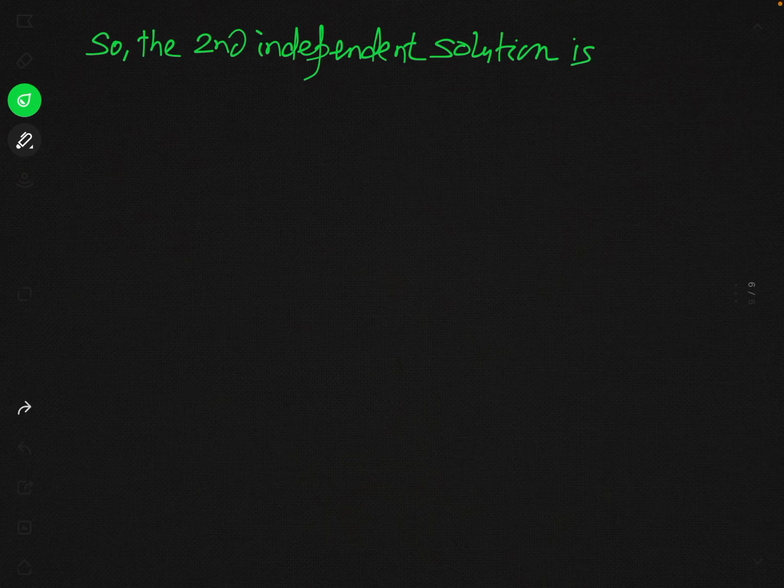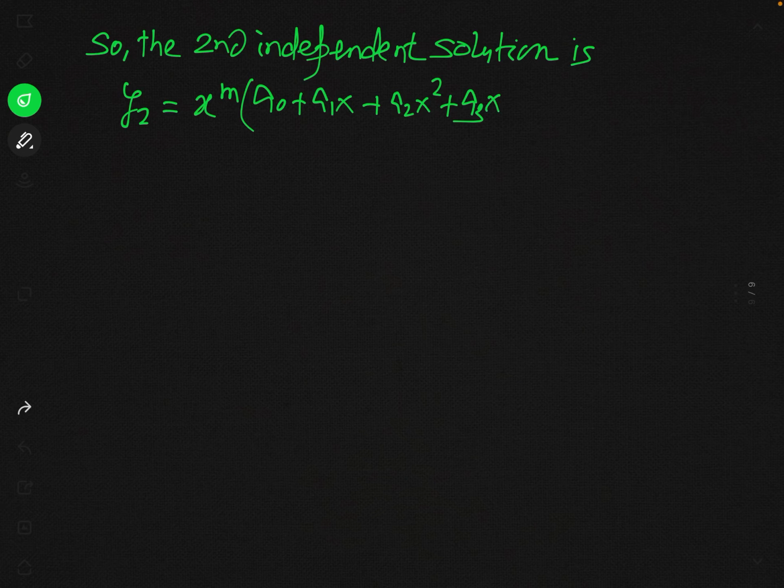The second independent solution, which we write as y2, is given as x to the power m into a naught plus a1x plus a2x square plus a3x cube plus so on.